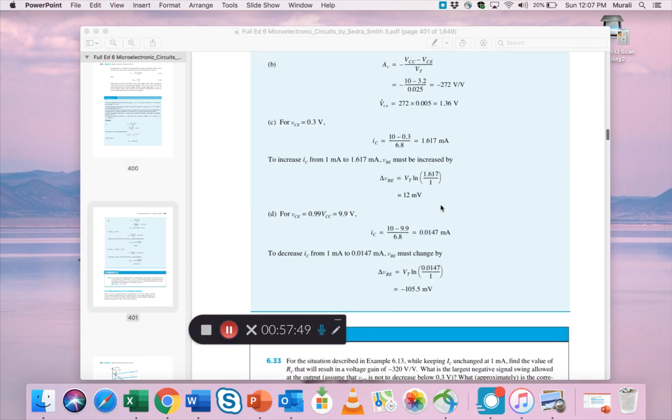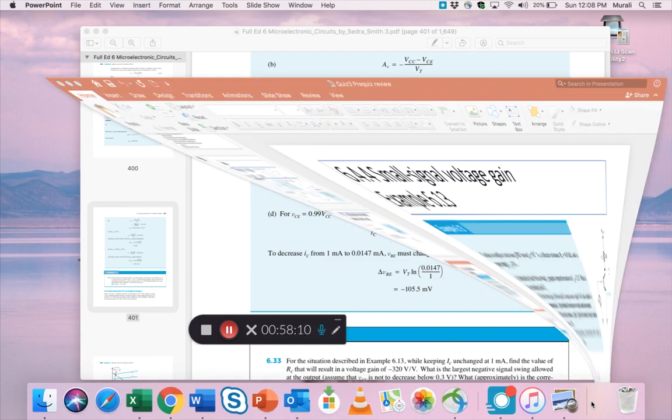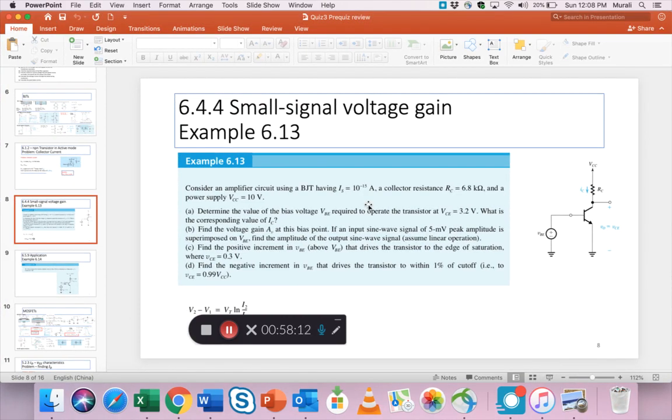That is the answer. Similarly, you are pushing it to cut off on the other side by adding a VBE of minus 105 millivolts. Okay, so this is a pretty large value, but even a small value on the other side pushes it to saturation. So that's the logic here. I think it's an interesting problem. Spend some time and become familiar with it. It will help you in the exam.